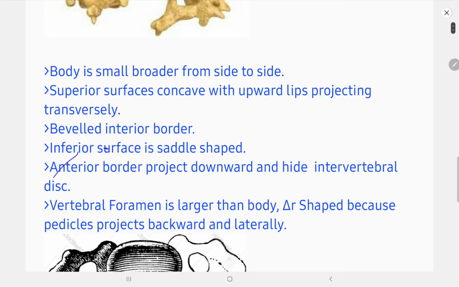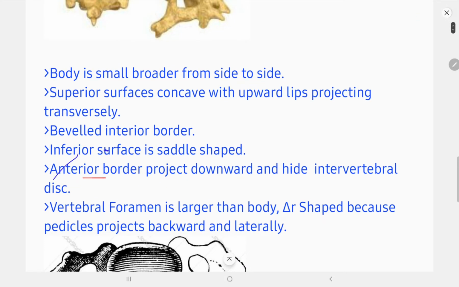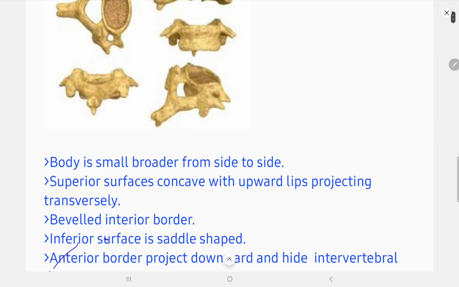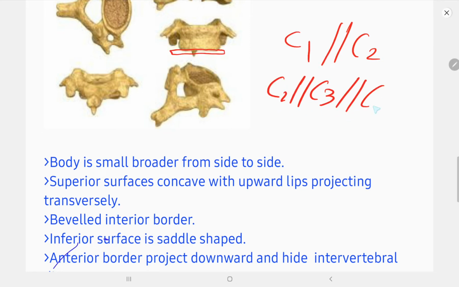Anterior border projecting downward and hides intervertebral disc. What do you mean by that? You can see here that intervertebral discs are between. I have already told you that between C1 and C2 there is no intervertebral disc, but between C2, C3, C4, C5 and C6 there are intervertebral discs.